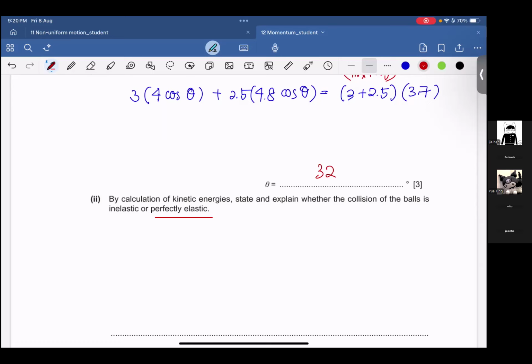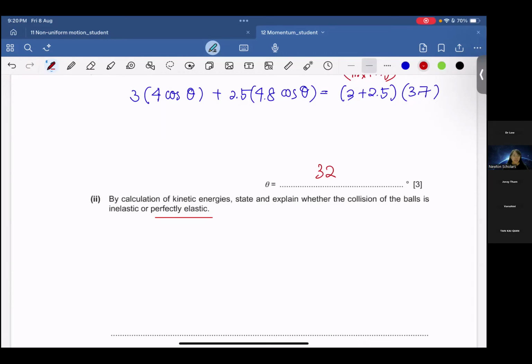Junho, today okay or not, Junho? Jahan, okay or not, Jahan? Okay. Jahan, try to calculate the kinetic energy and then tell me if the collision is inelastic or perfectly elastic.